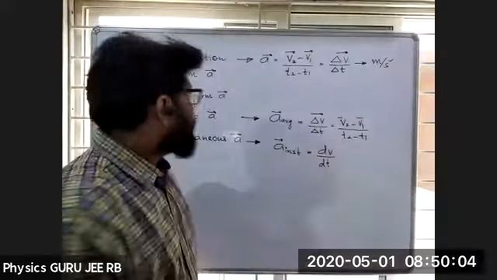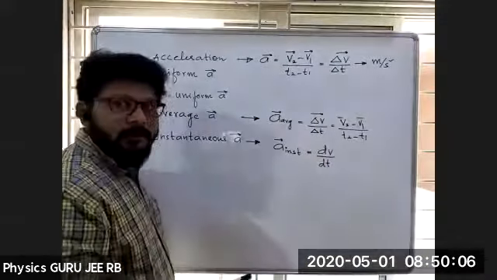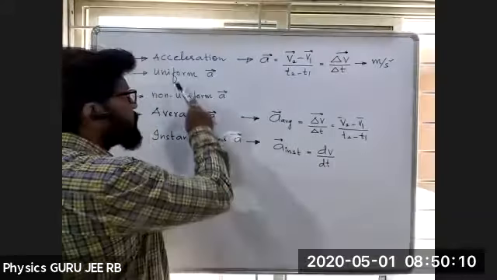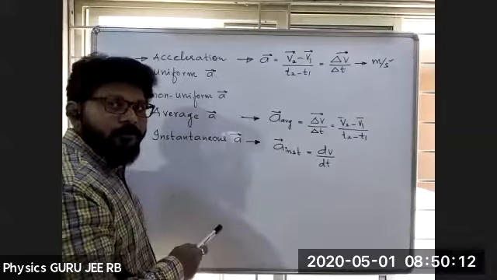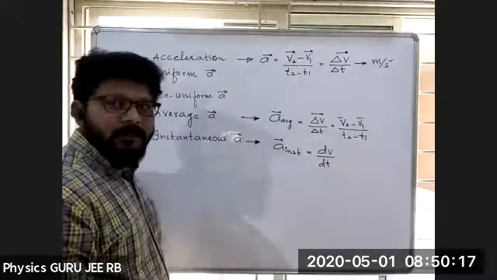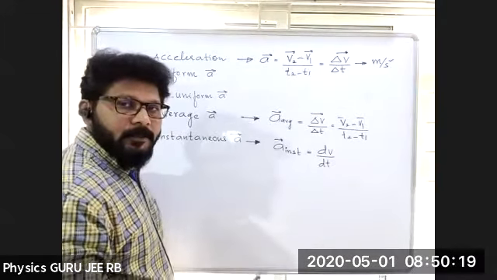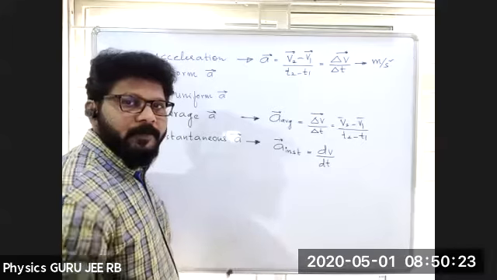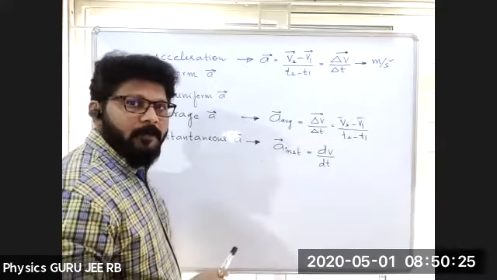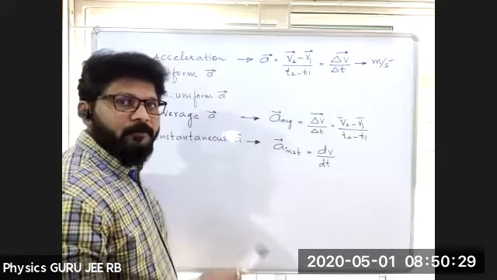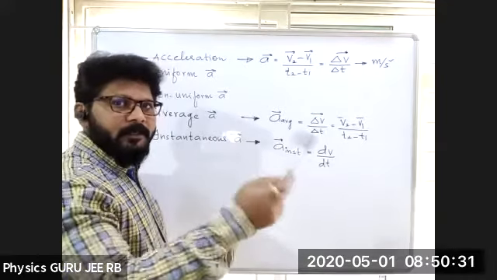Now, the types of accelerations: uniform acceleration, non-uniform acceleration, average acceleration, and instantaneous acceleration, right? One should keep in mind that whatever we discussed about velocity or speed, uniform, non-uniform, the same thing will go.